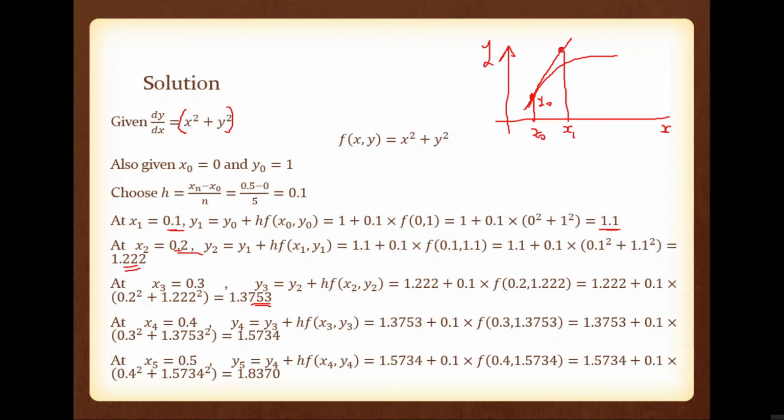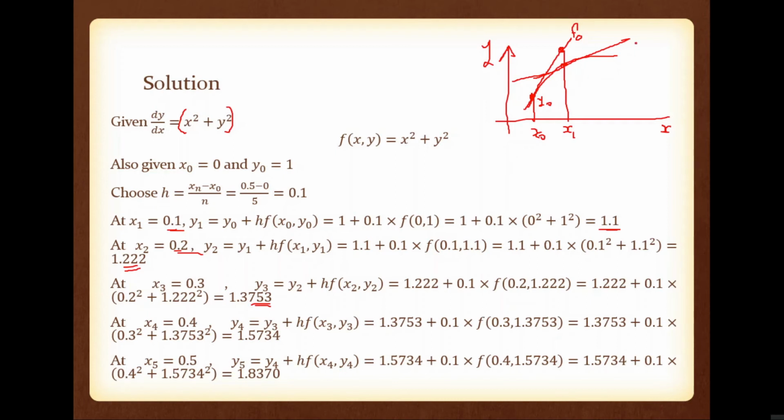Is it okay? So the better thing is, already we have x1, if you are able to find the slope at x1, what is the slope at x1? This is the slope at x1, right? So corresponding to x0, this is the slope, this is f0, meaning f of x0 comma y0.